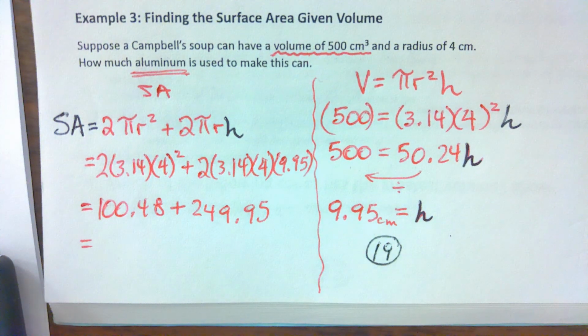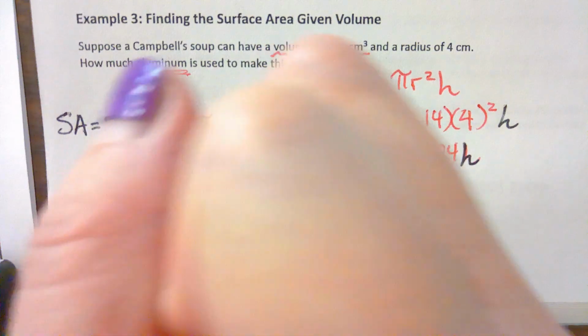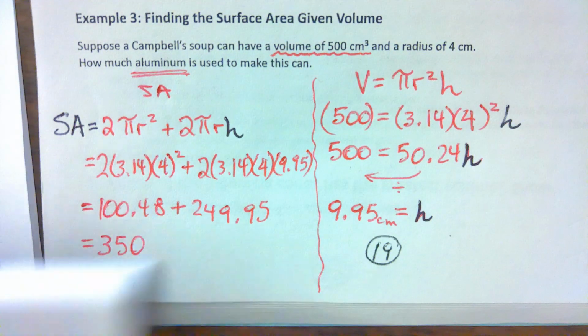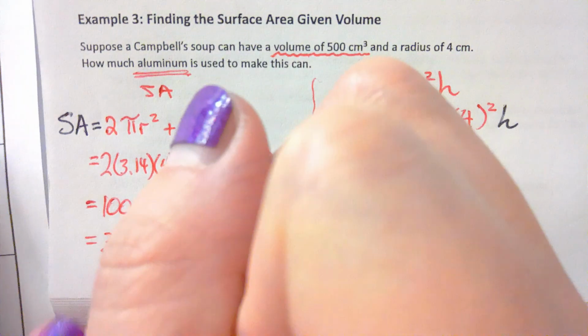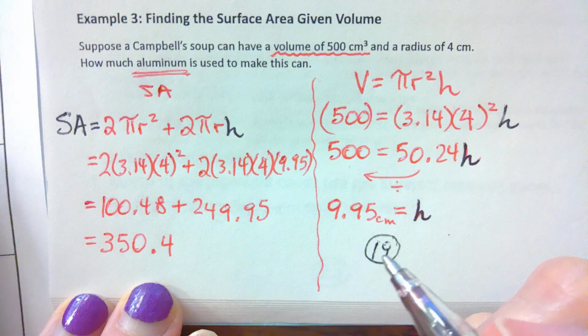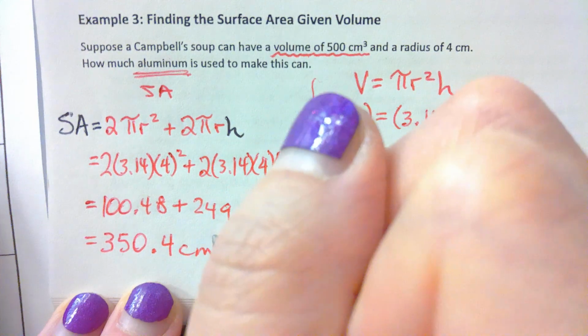Okay, and then when you add it up, you get 350.48. So if I round it to one decimal place, it's going to be 350.5, right? Okay, and my unit, centimeter square.